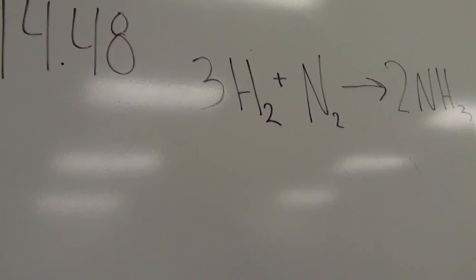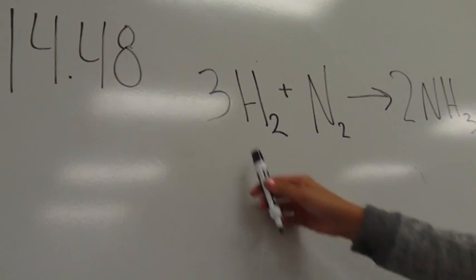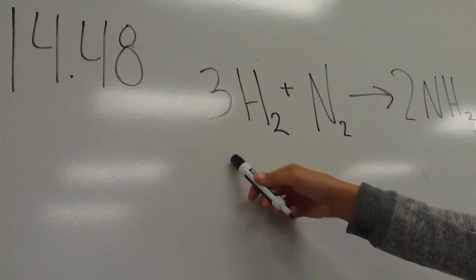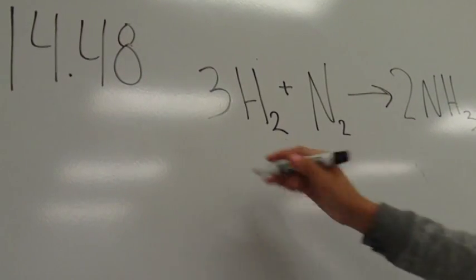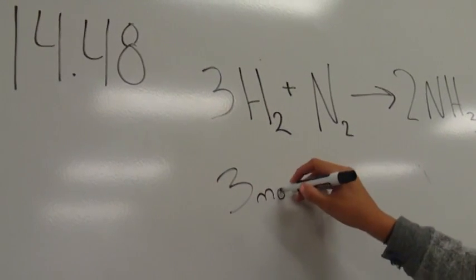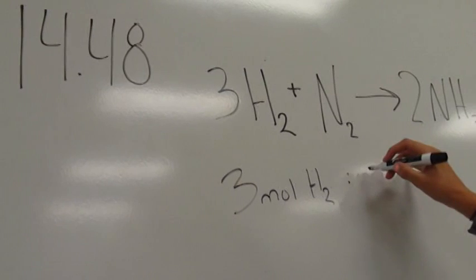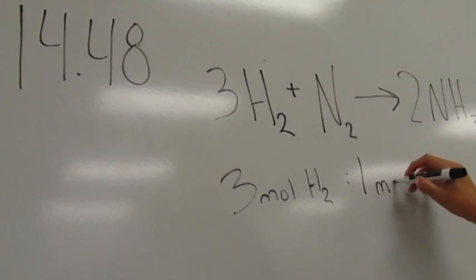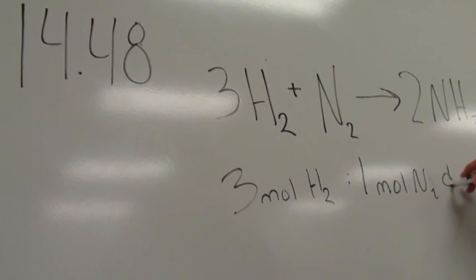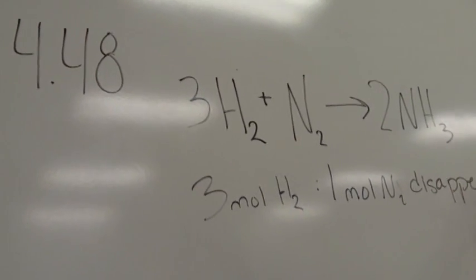So this is a really, really easy problem. All it's asking are the ratios. So for how many moles of hydrogen that disappear, how many moles of nitrogen disappear. It's really just the coefficients. So 3 moles hydrogen disappear for every 1 mole of nitrogen that disappears as the reaction proceeds.